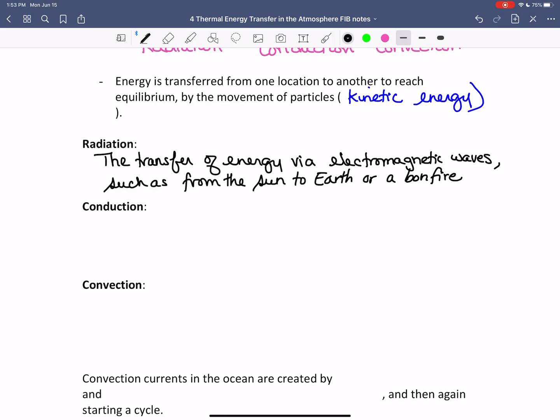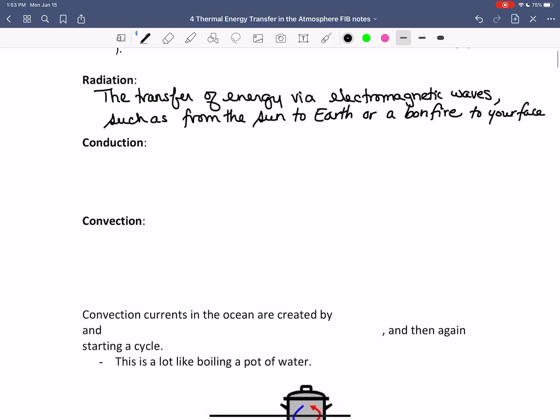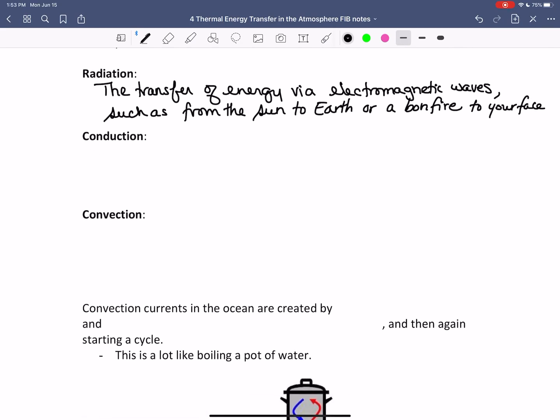So when you have a bonfire to your face, the heat that radiates out of the bonfire and comes to your face is transferred through these electromagnetic waves through the air.